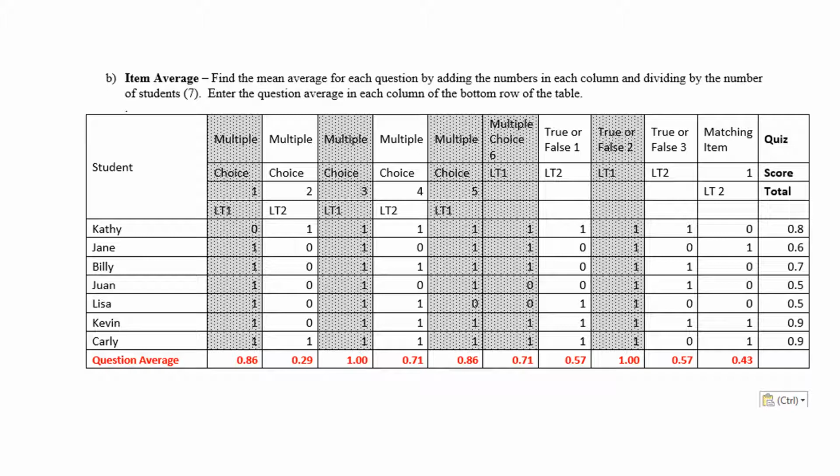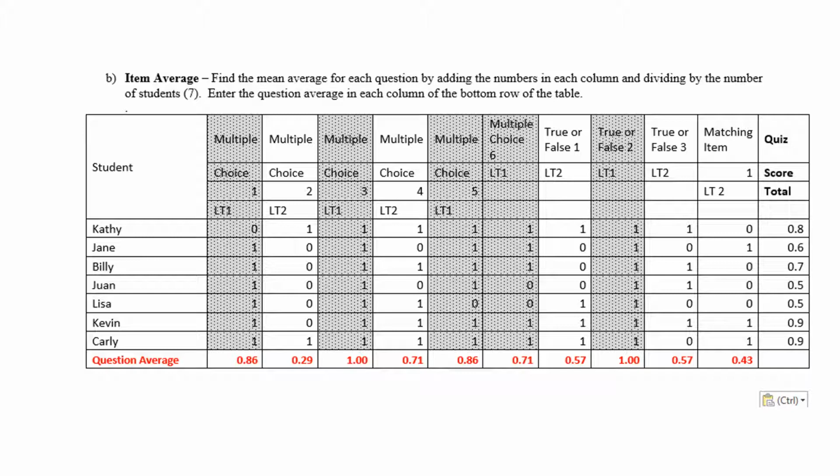The next thing you would calculate is the item average. So look at, for example, multiple choice 1. This is aligned with learning target 1. If we add all the students up who got it right, 1, 2, 3, 4, 5, 6, and divide that by the number of students, 6 divided by 7, we get 0.86.